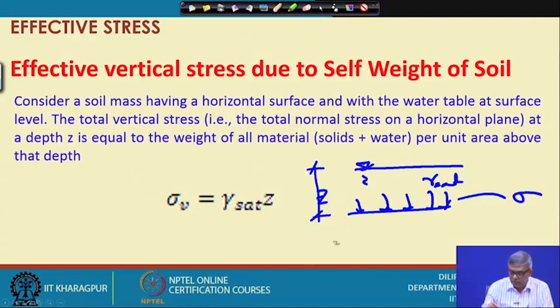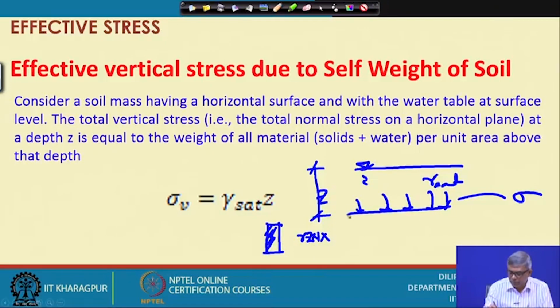If I consider a soil column of unit cross-section area, what is the weight of the soil column? It will be gamma into z into 1, and since the area is unit, it will ultimately be gamma into z.